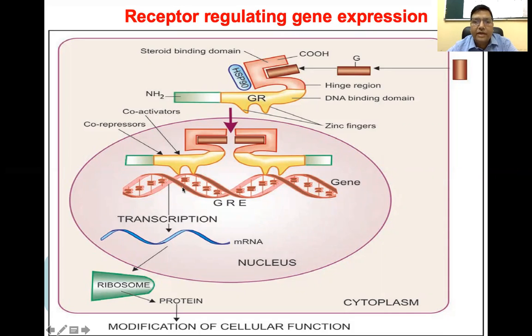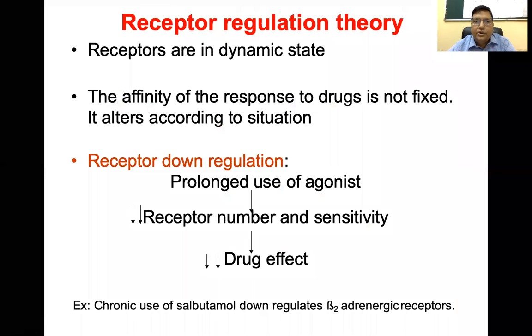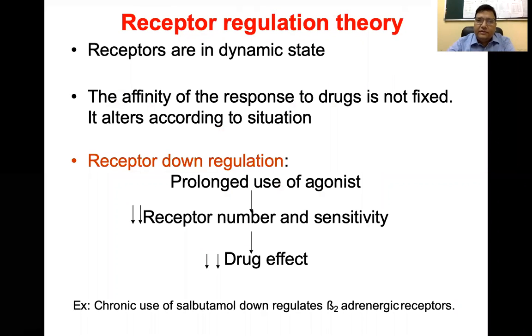They bind to the gene response element of the DNA and produce certain responses. They undergo transcription, producing the mRNA, and the mRNA then produces different types of proteins, and they modify the cellular function. So this is how gene expression is regulated. This was all about the different types of receptors.